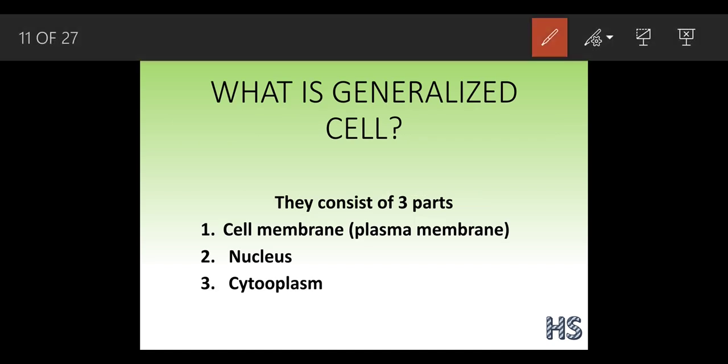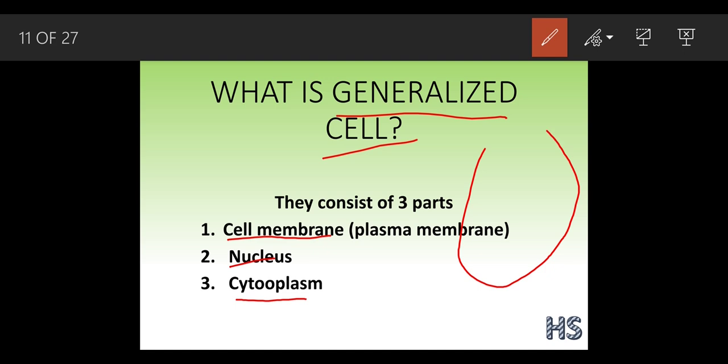What do you mean by a generalized cell? This generalized cell consists of three parts: a cell membrane, nucleus and cytoplasm. See, suppose I am making a cell. This is a cell. Inside this there would be a structure like this.